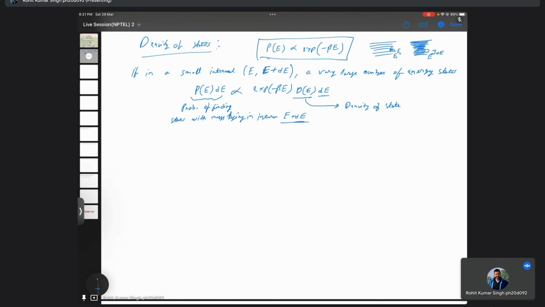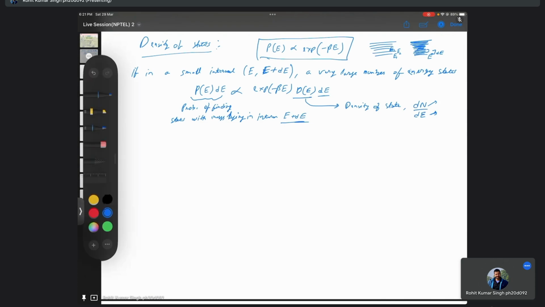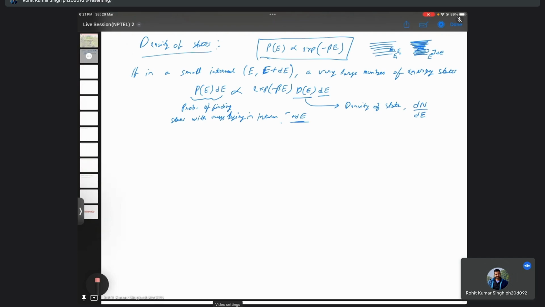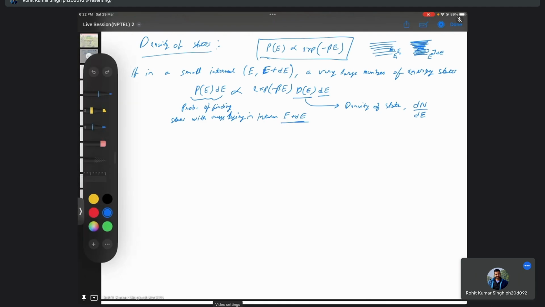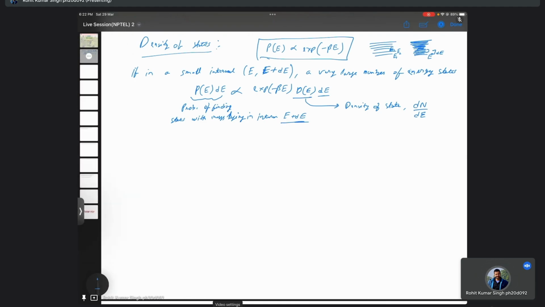This quantity is what we call the density of states, which is basically dN upon dE, the number of states in the energy interval dE.